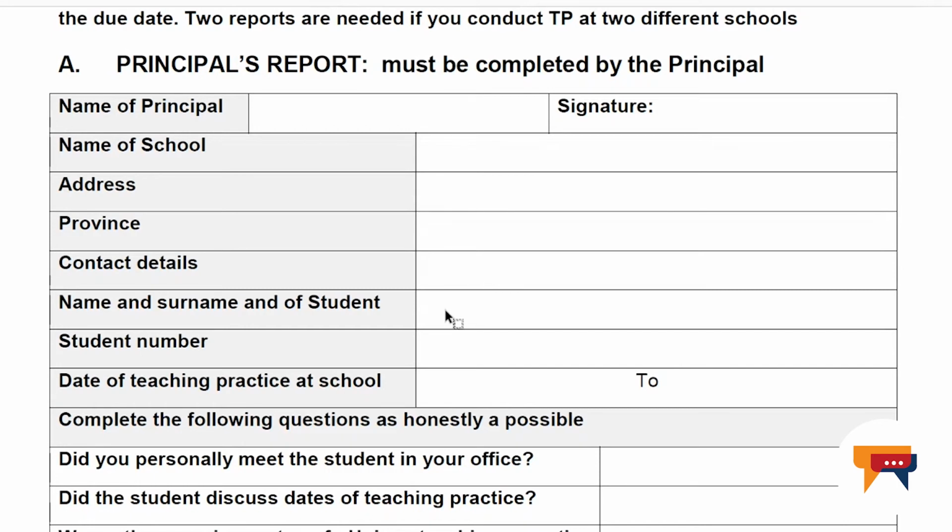The principal must also write the name and surname of the student. Remember, it's not you who is completing this section. It's a principal's report. It is the principal who is reporting about you. The principal will also write your student number and the dates on which you conducted your teaching practice.